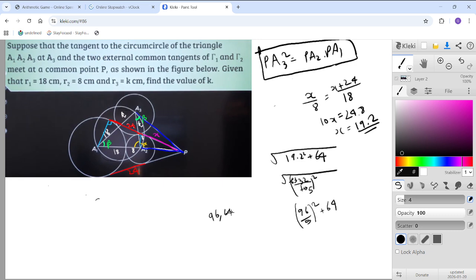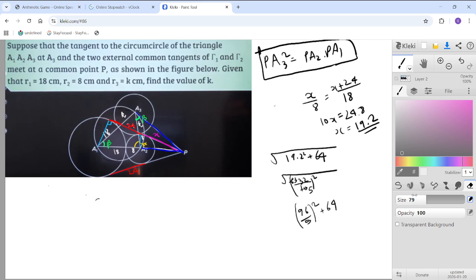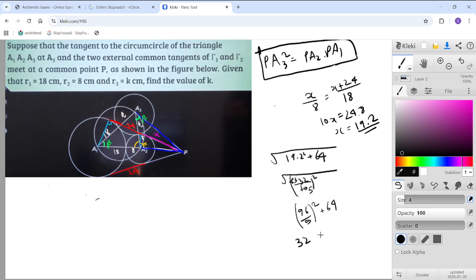So this is 16, 32 and 64. What is the common factor? 32, so we can have 32 out, right? So 32 can be out, so this is going to become 3 square, which is 9 by 25, and this is 32 out, that is 2.